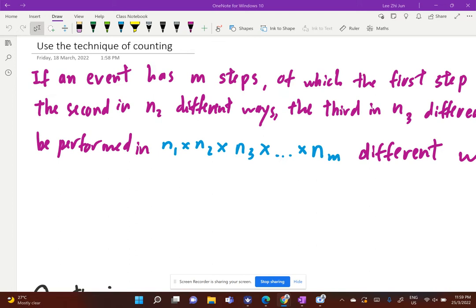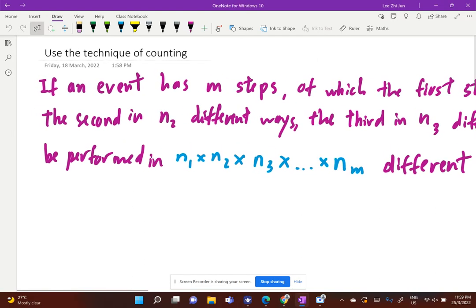Before we learn about the technique of permutation and combination, let us learn to use the technique of counting, without any permutation or combination.